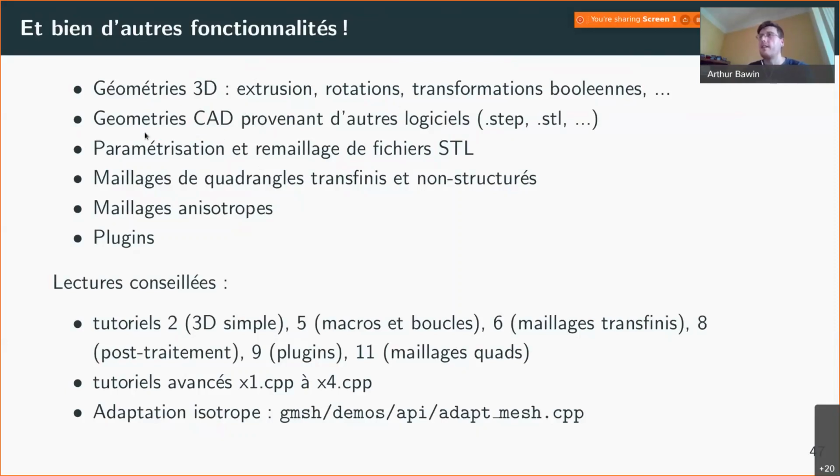You can now reparameterize and remesh. You can essentially remesh STL files, which is very useful. You can generate quad meshes, which are non-structured or transfinite. You can create anisotropic meshes, and I would advise you to take a look at the tutorials on the website, because they're very well done, and you can adapt them to suit your needs.